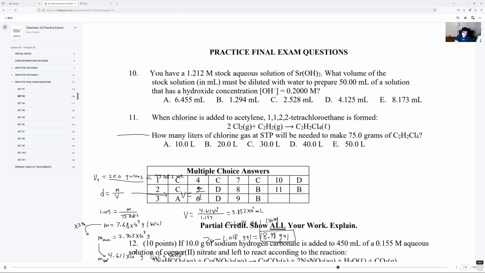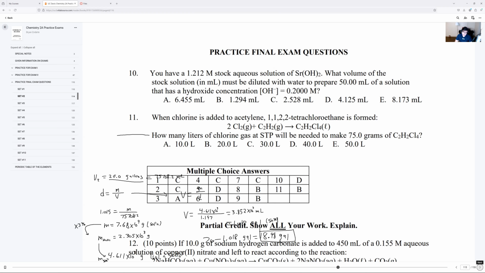The only other way that I can think of is the way that you've been doing it in labs, right? Where it's like, if I want this end amount, how many milliliters do I need to add? Because you guys have been doing that, right? My V2 is going to be 20, my M2 is this. So instead of M2, it's mass this time.